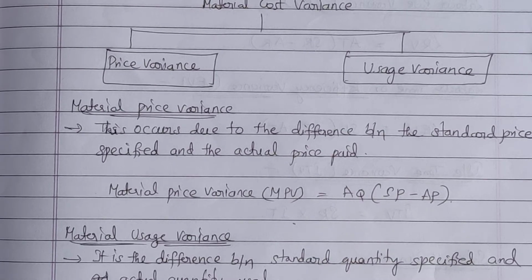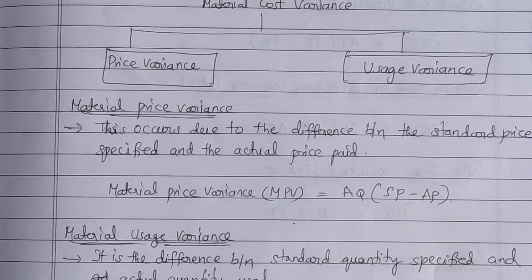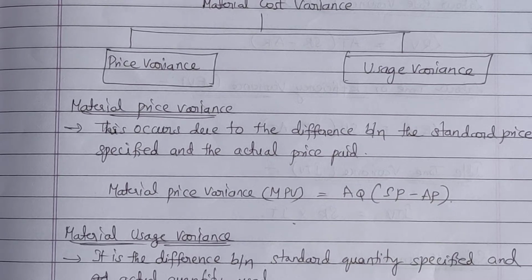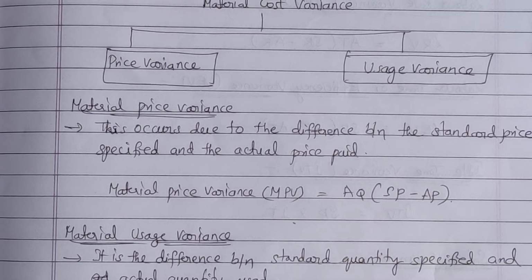Then there are high transport, storage and handling costs. Suppose due to lack of raw materials in our store, we have to purchase them in an emergency at higher rates also. So in all these aspects we will get the price variance.